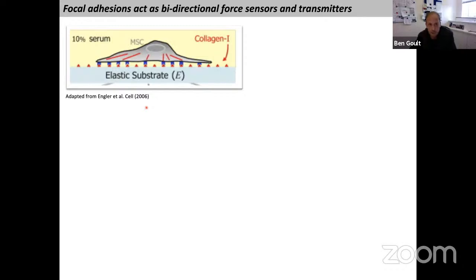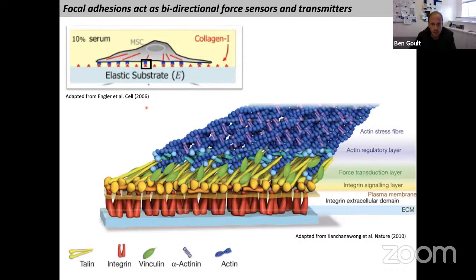And if we go into slightly more detail and look at one of these blue squares, and this is a picture from Christina's old boss, Tony Kanchanawong. I still love this picture, it's incredible. But what this shows is that one of these blue squares is actually a complex machine. It's got hundreds of these integrin receptors shown in red, physically attaching onto that extracellular matrix.